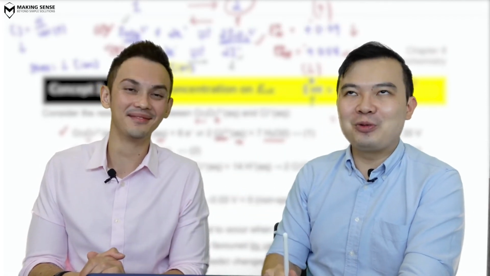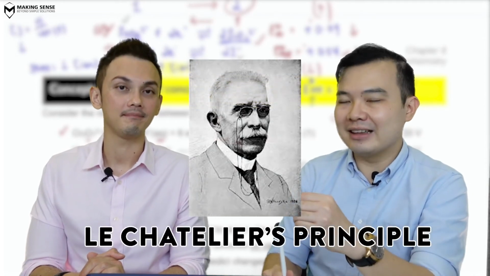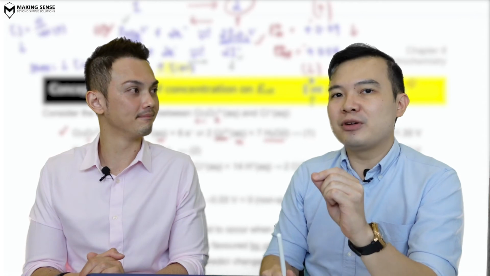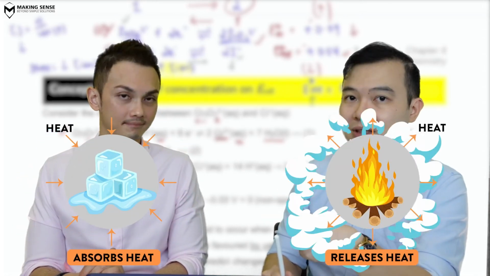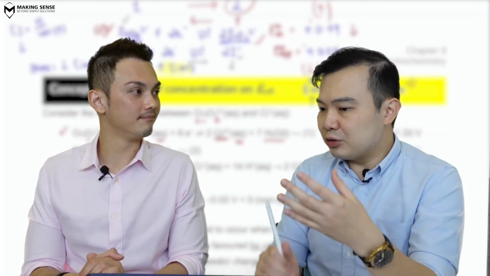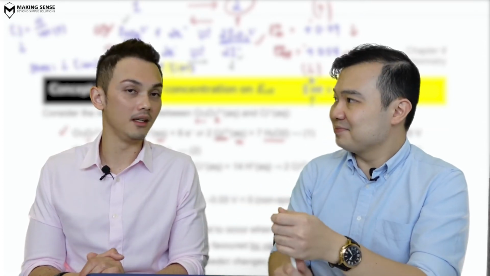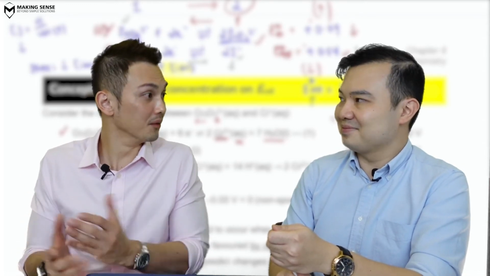Okay, so we're going to think of this as LCP again. That means everything from equilibrium will come in handy. When we talk about increase in temperature, we always have to see whether the overall reaction is endothermic or exothermic. So if you increase the temperature, they will lower the temperature, which means they will favor the endothermic reaction.